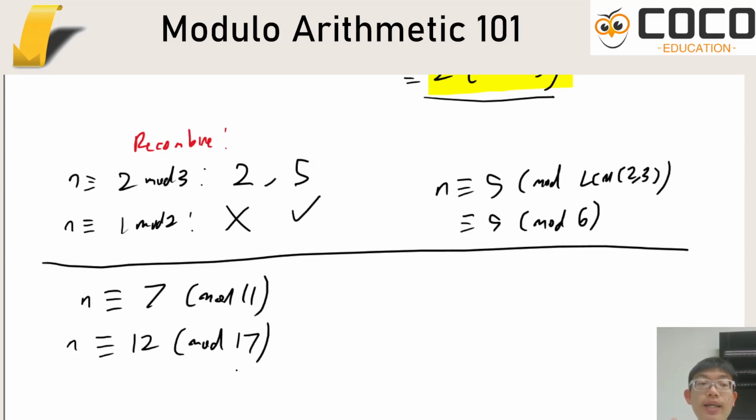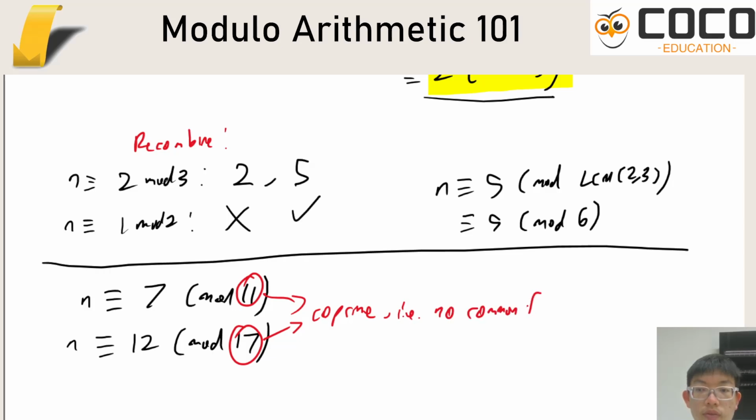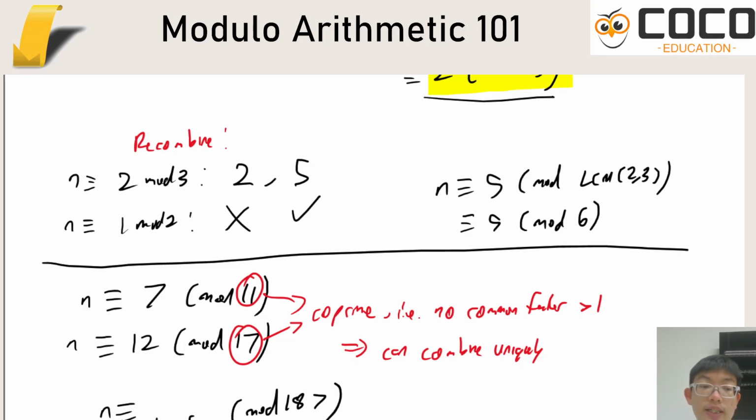Now I claim that I can recombine them, and it is guaranteed that I can, as long as these have no common factor, i.e. they are co-prime. It means that you can combine them uniquely. When I say uniquely, it means that n would be congruent to something modulo their product, which is 187.